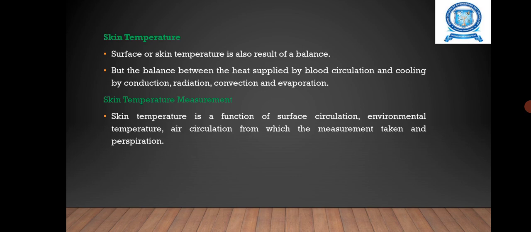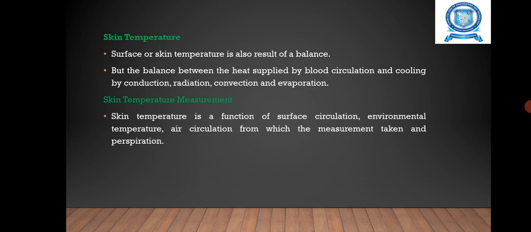Then the next one is skin temperature. The surface or skin temperature is also a result of a balance: the balance between the heat supplied by blood circulation and cooling by conduction, radiation, convection and evaporation. Next we are going to see the skin temperature measurement. It is a function of surface circulation, environmental temperature, air circulation around the measurement site, and perspiration.